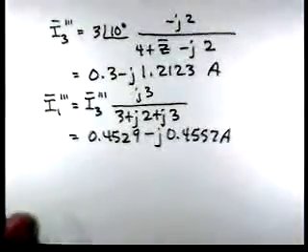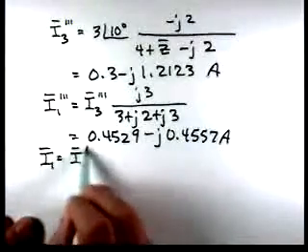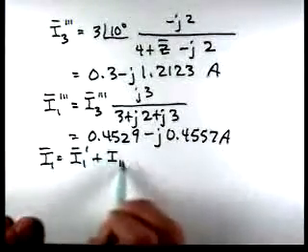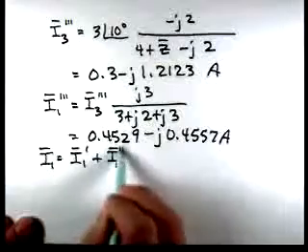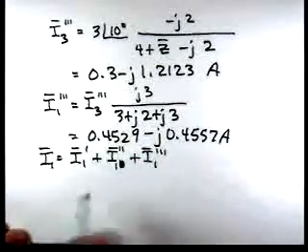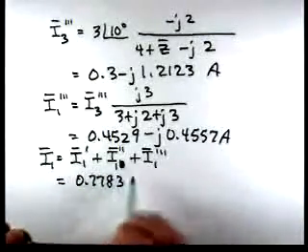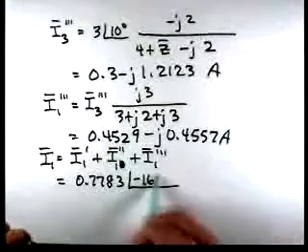So now I1, which is the current with all the sources active, is I1 prime plus I1 double prime plus I1 triple prime, and that turns out to be 0.7783 at an angle of minus 161.8 degrees.